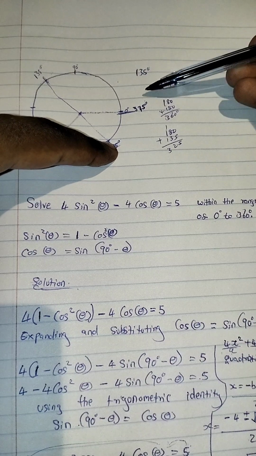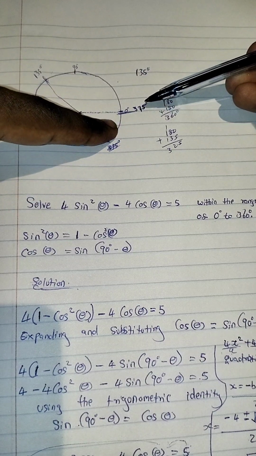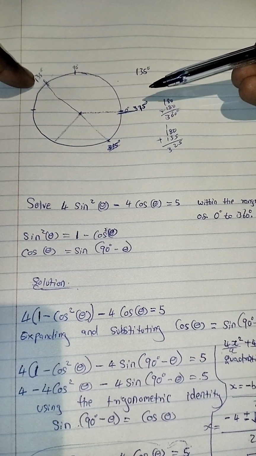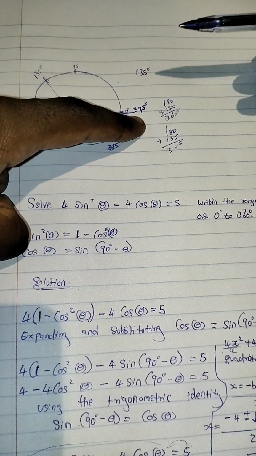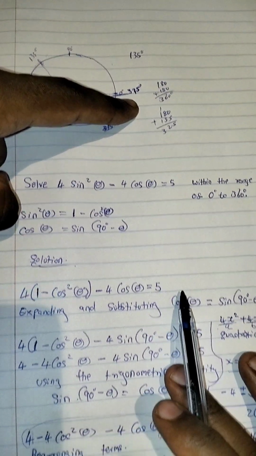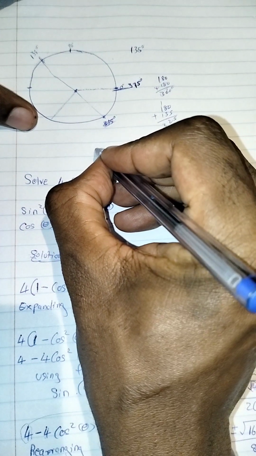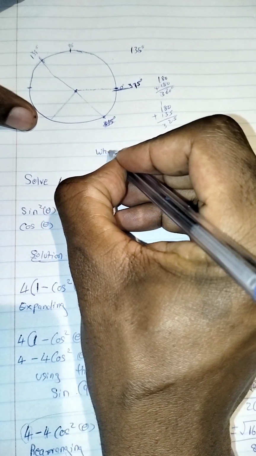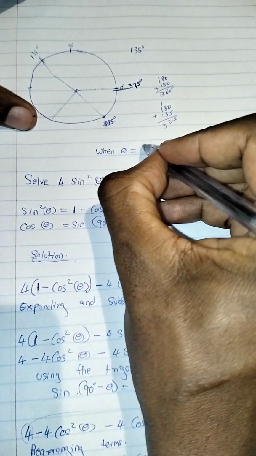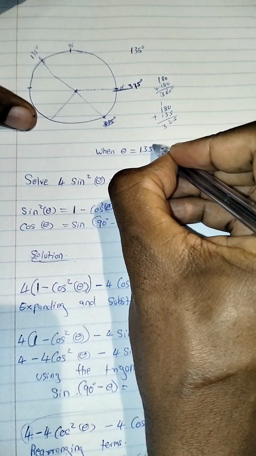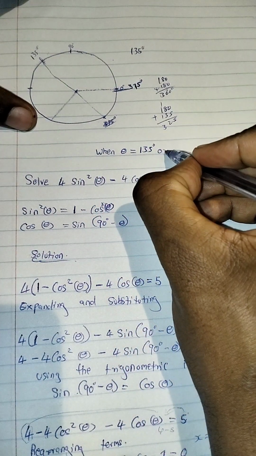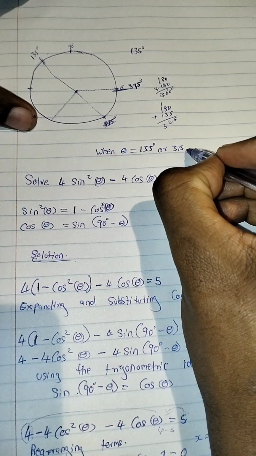So now here comes the question. This is going to be my 135, this is going to be my 315. And so we have the first value which we have just found: when theta is equal to 135 degrees, it is the same as 315.